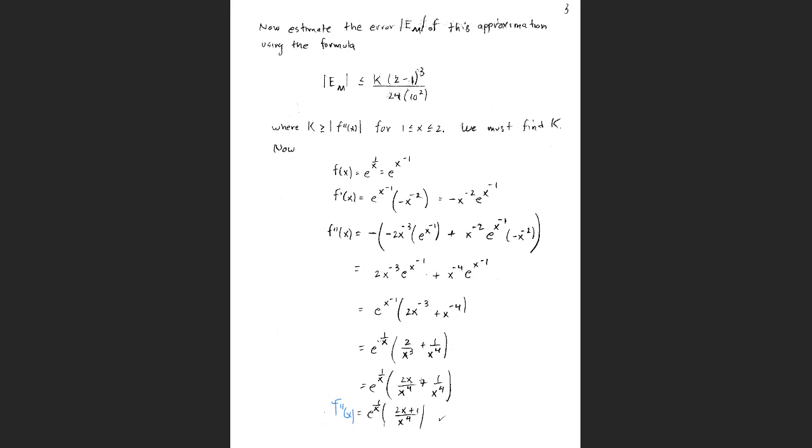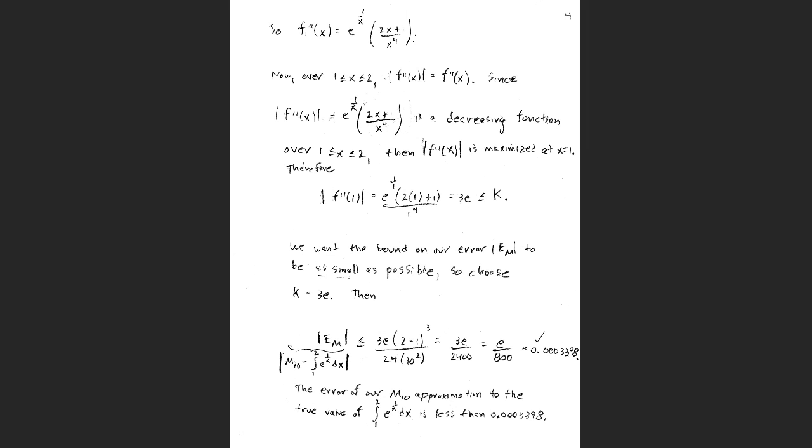here it is. Over the interval from 1 to 2, we determined that the second derivative here was positive, right? When the second derivative is greater than 0, when x is between 1 and 2, what does that tell you about the concavity of the function f of x equals e to the 1 over x?